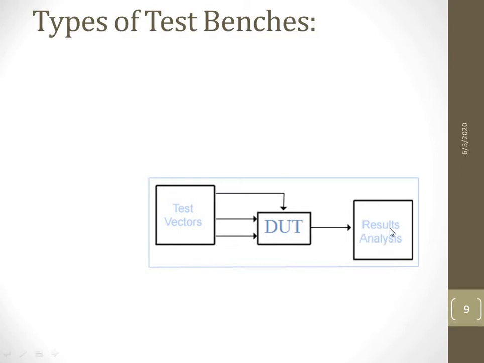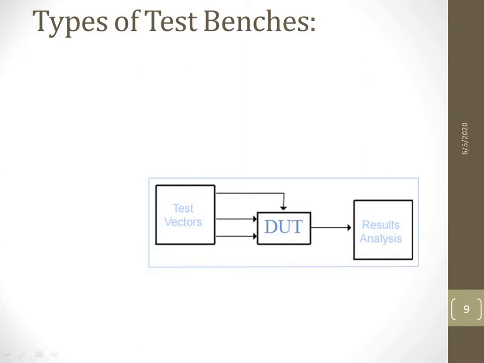Here we don't say directly results, we call it result analysis, because analysis indicates we know what we have designed. As a designer, I know the functionality of it, so I know what outputs are expected. So the expected outputs are to be compared with the results coming out here.